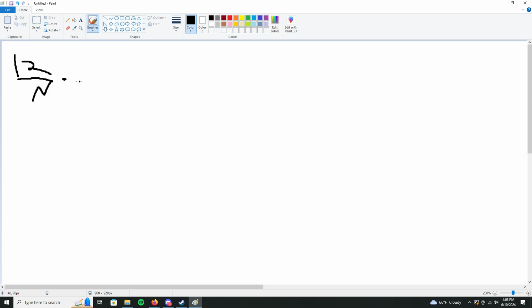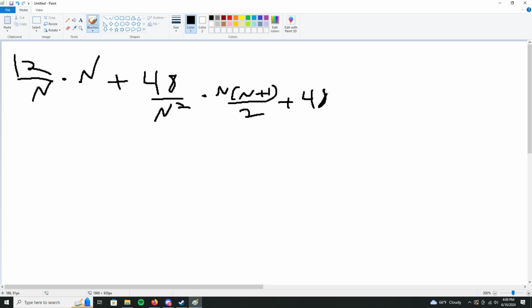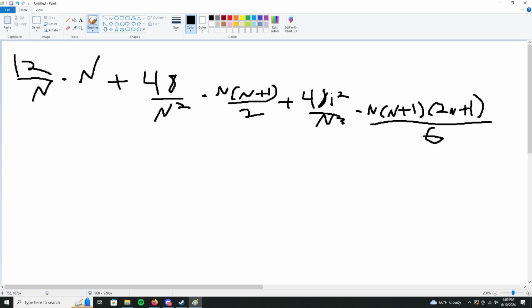Using the constant formula, it's just times n, since there's only n, plus 48 over n squared multiplied by n times n plus 1 over 2, plus 48 over n cubed, oh wait, this is n cubed, I must have made a mistake there, multiplied by n times n plus 1 times 2n plus 1 over 6.